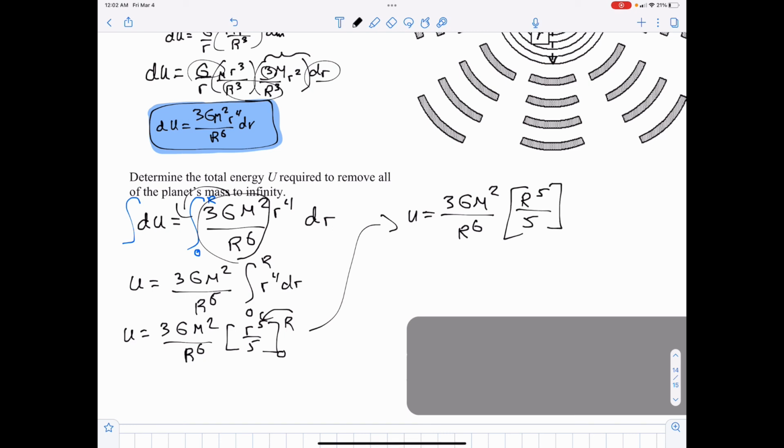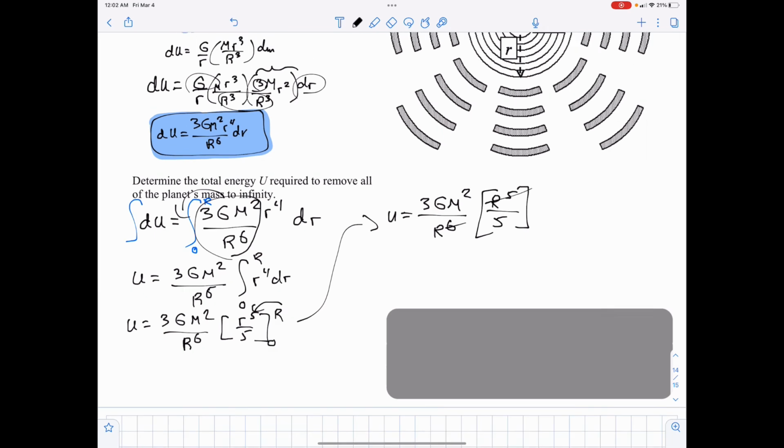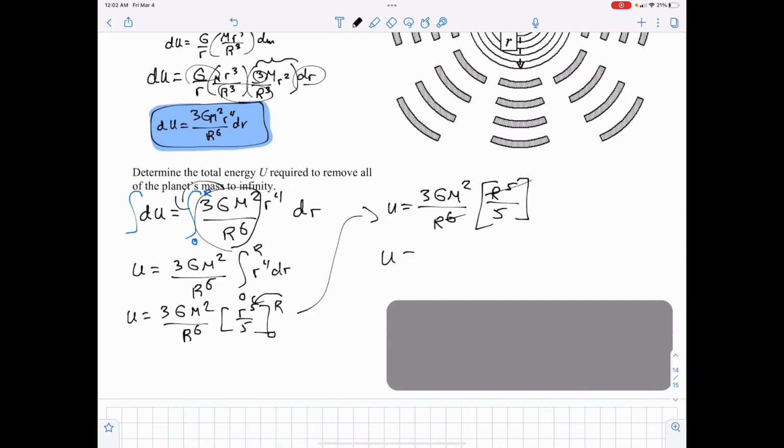And you can see that 5 of these factors of R are going to cancel with 5 of those, leaving you with 1 left over, which means we just end up with 3 G M squared over 5 R. And that represents the expression for the total energy needed to remove the planet's mass.